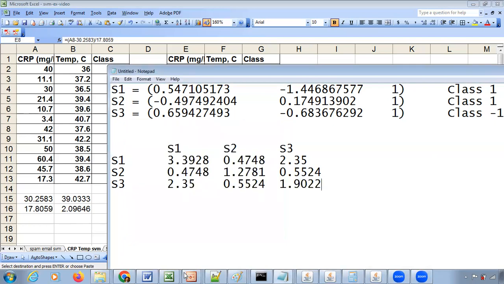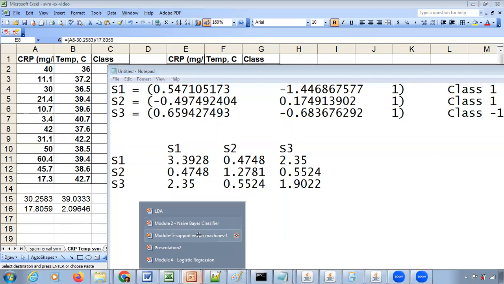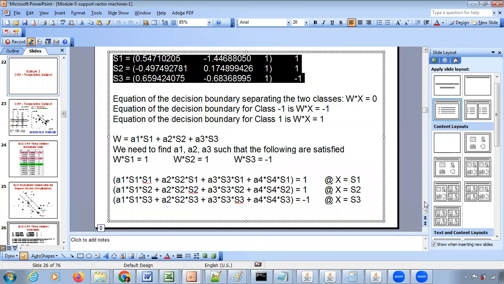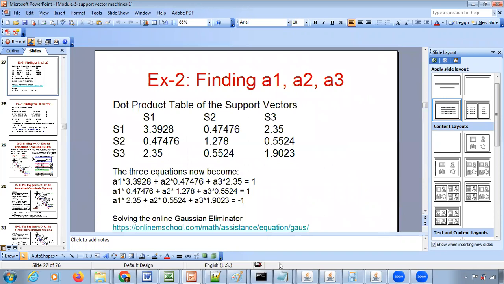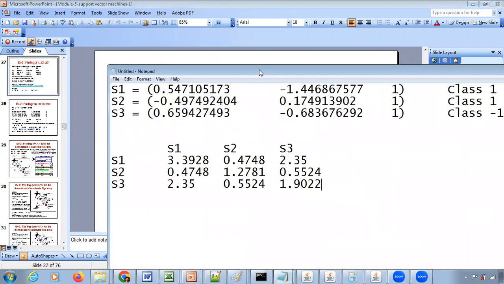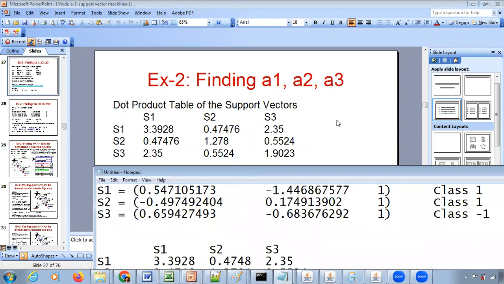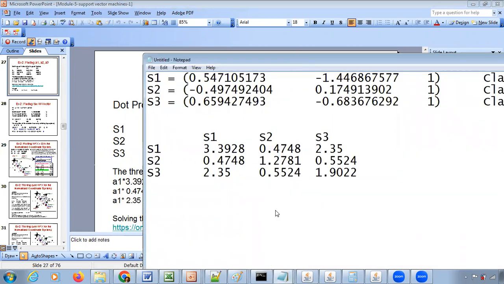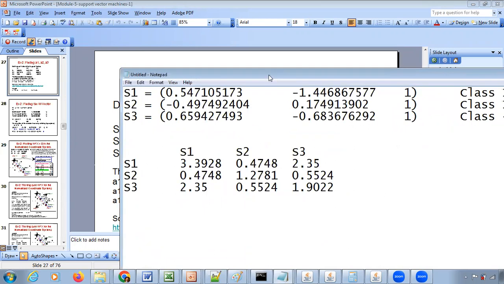So this is our dot product table. You can compare with what we have. Yeah, so that should be correct. Okay. So then, as I said, the equations that we need to have are 3 equations.